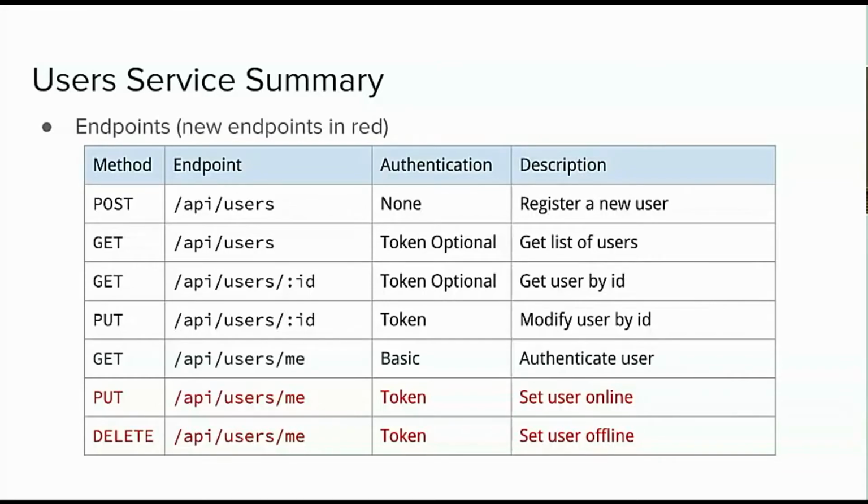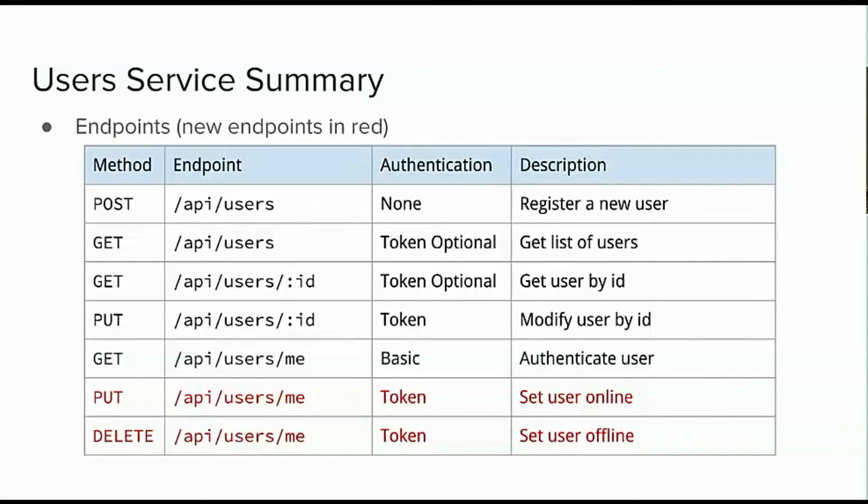Now you need to start thinking how to coordinate, right? We know that the Socket IO service will have to mark users as online or offline as they connect or disconnect. The Socket IO service will be the one that knows when a client comes online or offline. That's the service that will receive the notifications. So we need to add endpoints in the user service to mark a user as online or offline.